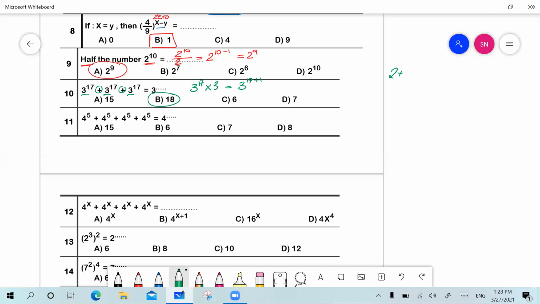Number 11, 4 to the power of 5 plus 4 to the power of 5 plus 4 to the power of 5 plus 4 to the power of 5.